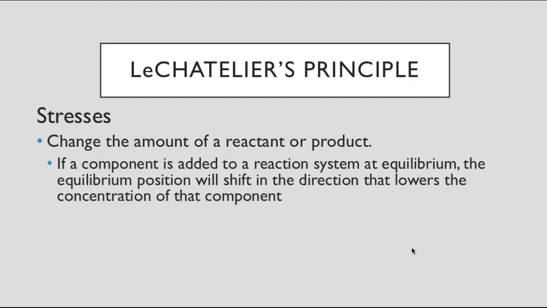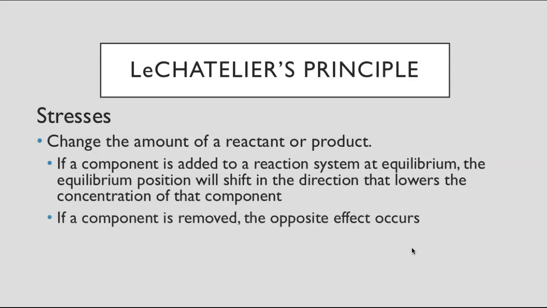So if you add a reactant or product, the reaction wants to get rid of it. So it's going to shift toward the other side. If you add a reactant, it's going to shift toward the products. If you add a product, it's going to shift toward the reactants. So it wants to get rid of whatever you've added by shifting toward the other side.